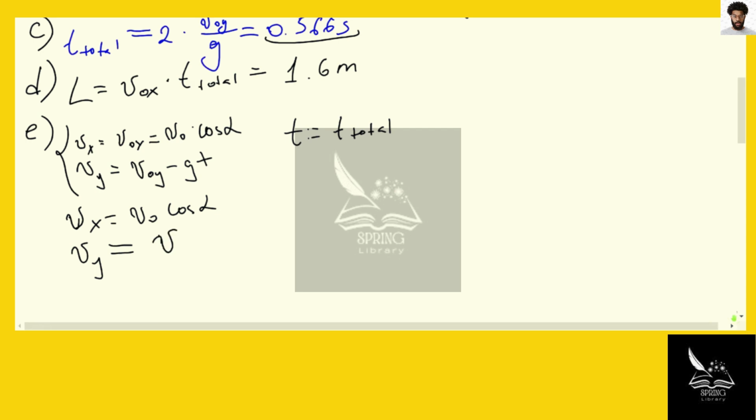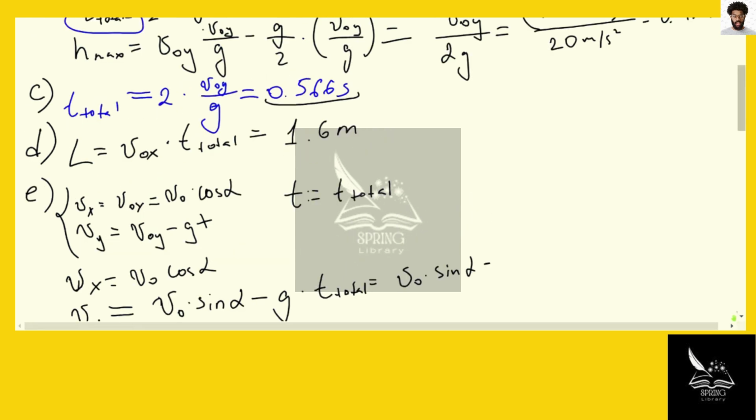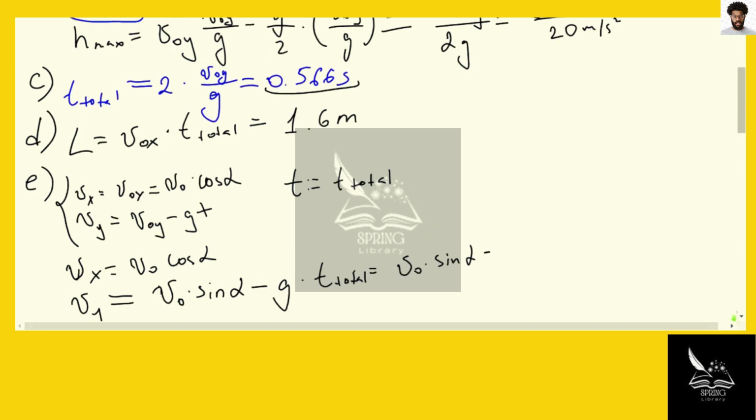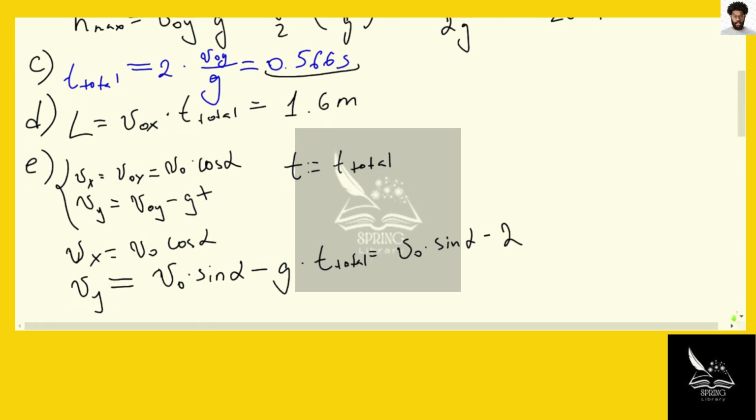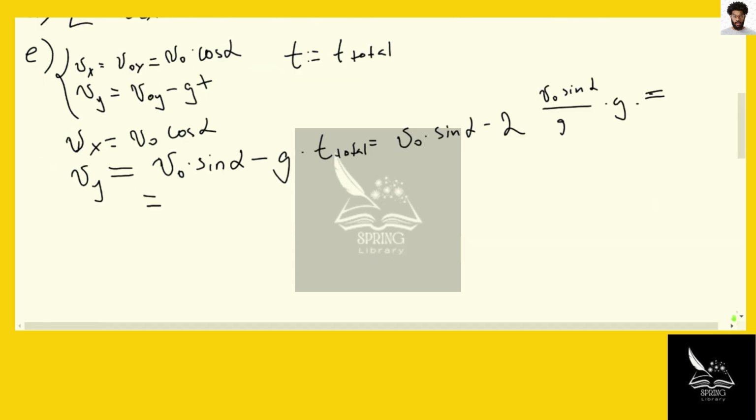It equals the initial speed multiplied by sine alpha negative g multiplied by the total time of flight, which equals, basically, negative v0 multiplied by the sine of alpha.